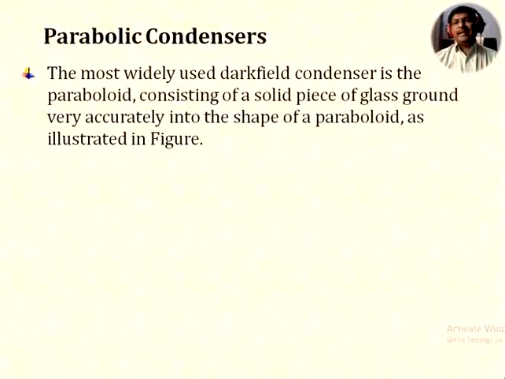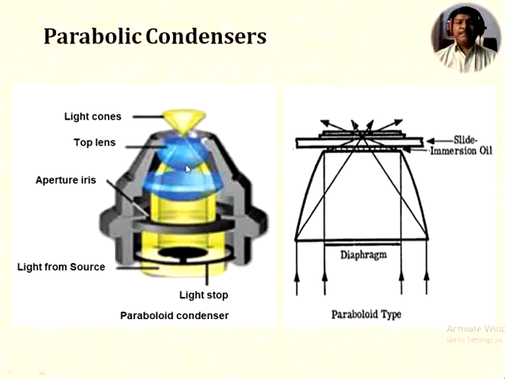We already saw the diagrammatic representation of the parabolic condenser. Here is the lens, which is parabolic type and fitted in the condenser. This is the lower lens and this is the top lens, and the morphology is parabolic in nature.